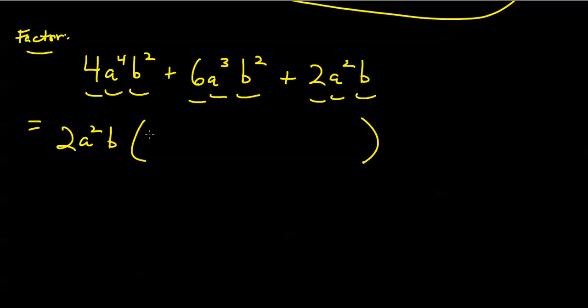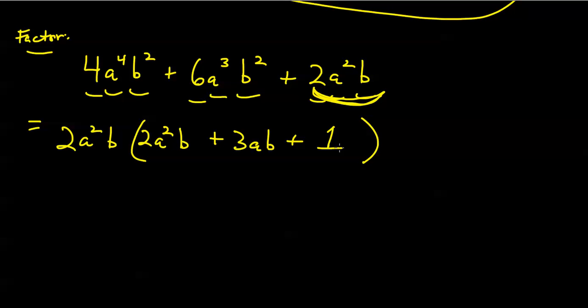What's left inside? I'll get a 2a squared b in my first slot plus 3ab in my second slot plus, now notice I've taken everything out from this slot, 2a squared b, so I've got to leave what I call an invisible 1 left as a factor.